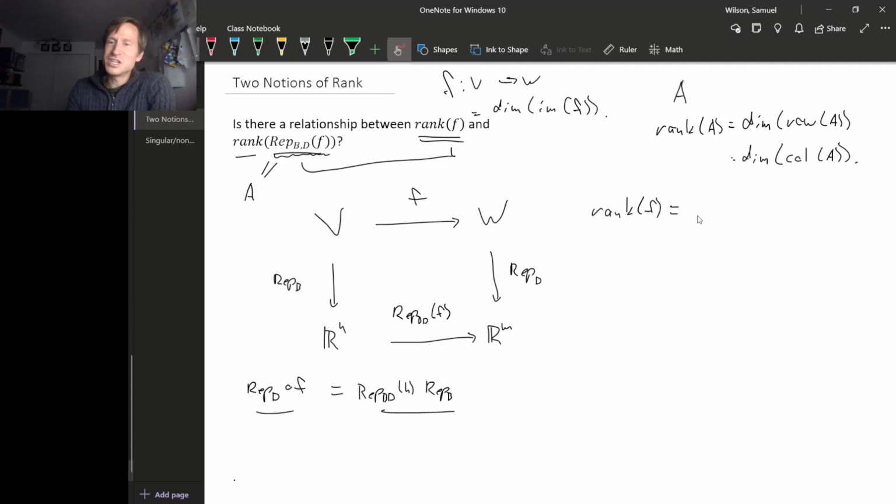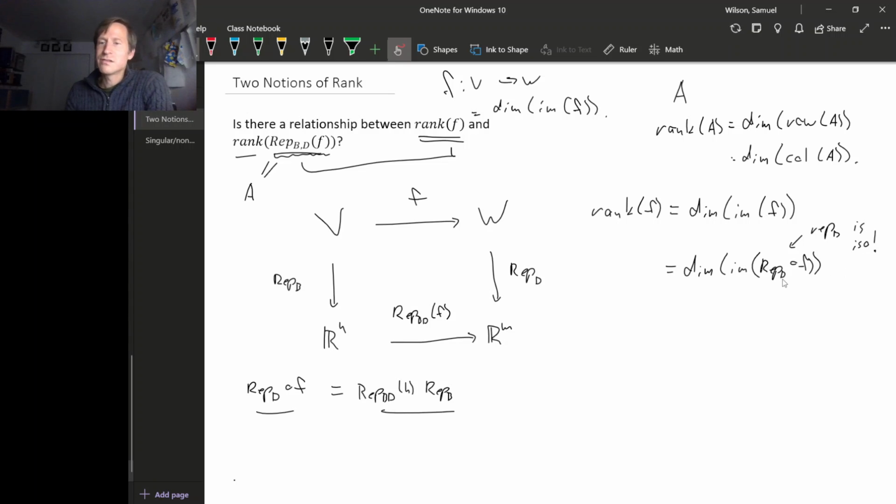Well, by definition, the rank of F is the dimension of the image of F, right? But this has to be the same as the dimension of the image of rep D composed with F. And the reason is because rep D is an isomorphism, right?